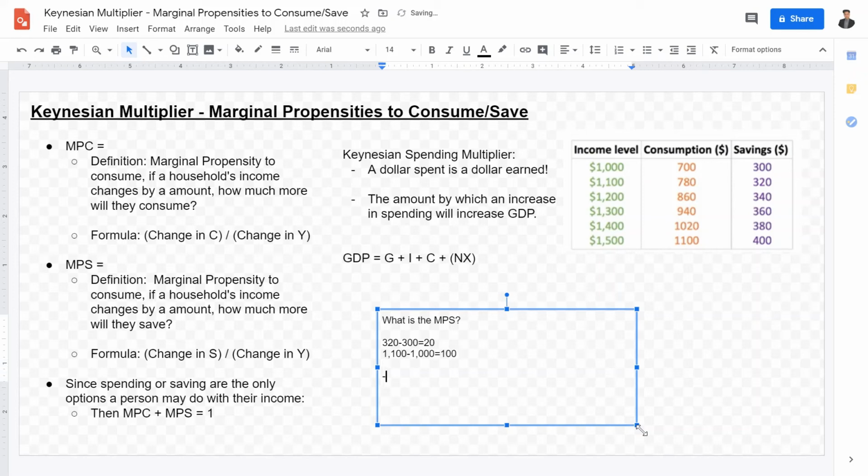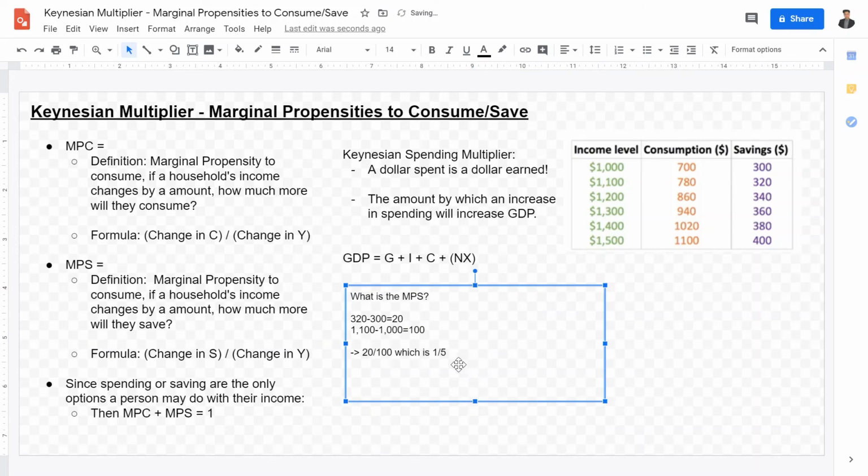So 20 divided by 100 is 1 over 5. That is the MPS.